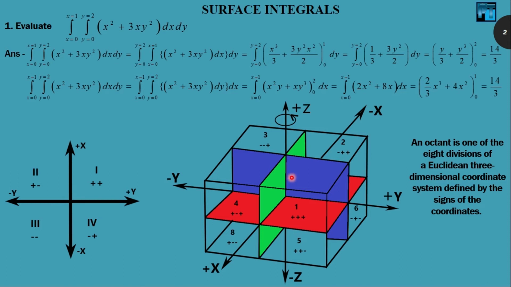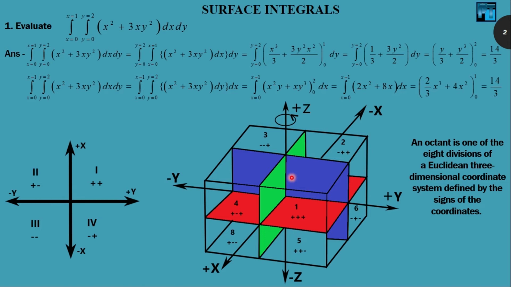Why are we so concerned about these octants? Because in 3D geometry, a surface can be drawn over 3D space. Suppose we have a sphere.